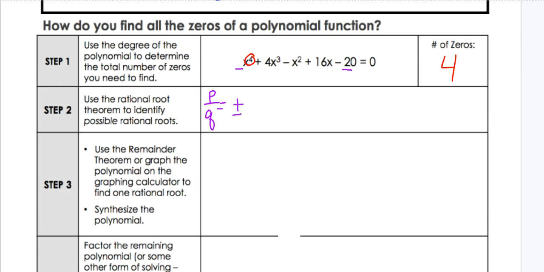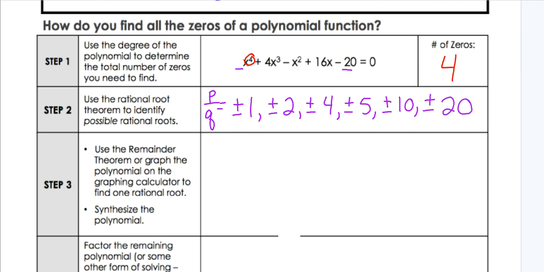So we would have positive and negative 1, positive and negative 2, positive and negative 4, positive and negative 5, positive and negative 10, and positive and negative 20. So those are all the factors of 20 divided by all the factors of 1. And those are all my possible rational roots.